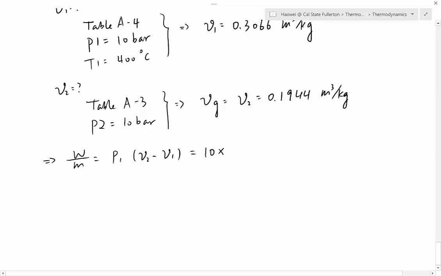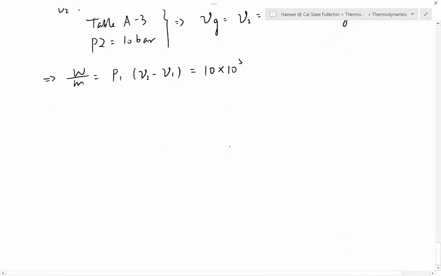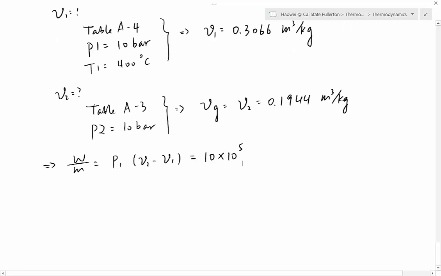You have to convert it to SI unit, which is Pascal. 1 bar is equal to 10 to the fifth Pascal. So times 10 to the fifth. That's Pascal. And then multiply by nu 2 minus nu 1. Nu 2 is 0.1944 minus nu 1, which is 0.3066.